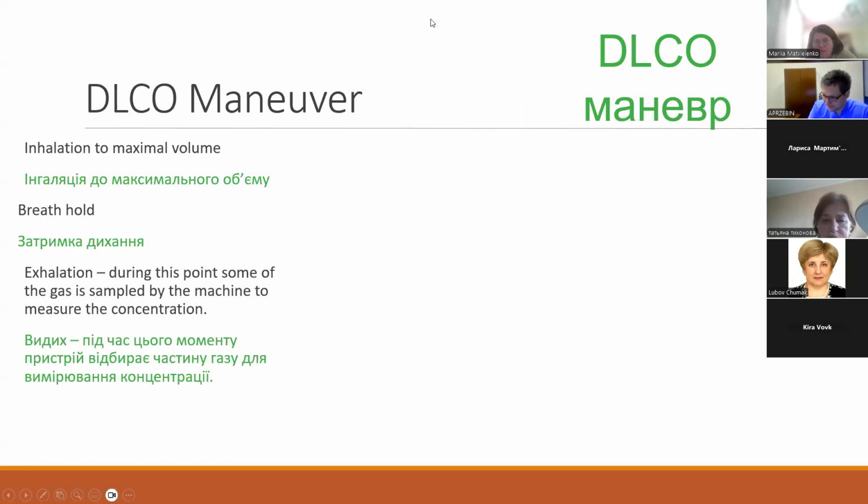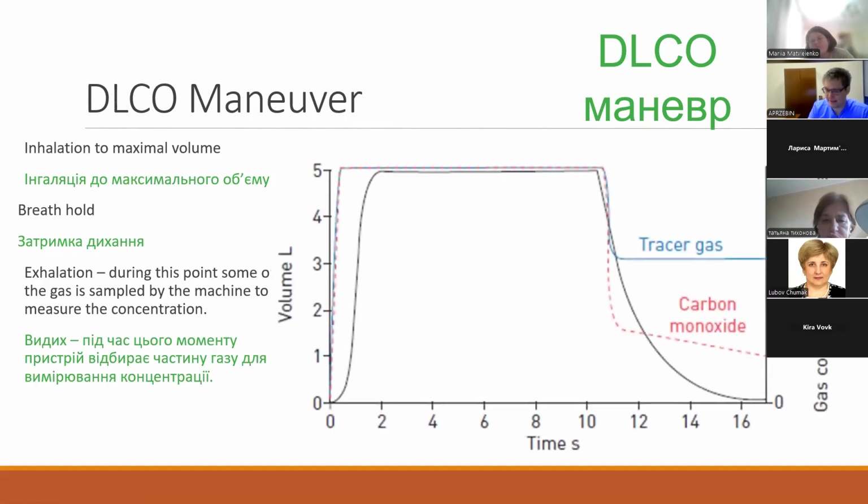So the maneuver, you have an inhalation to maximum volume, a breath hold for about 10 seconds, and then an exhalation period. And during this point, some of the gas is sampled by the machine to measure the concentration. And that's displayed in this picture here.